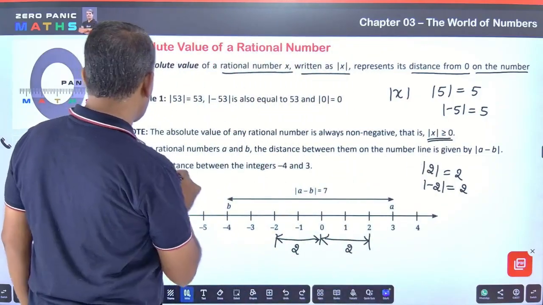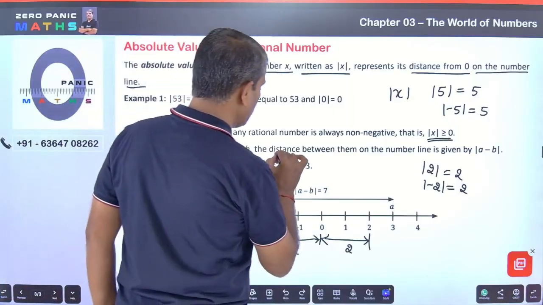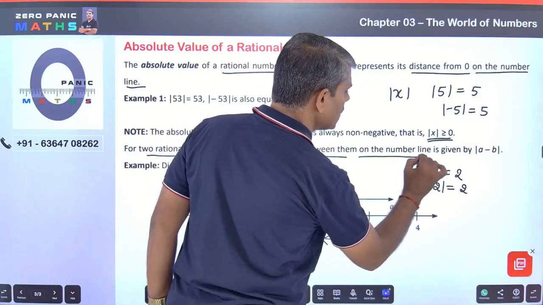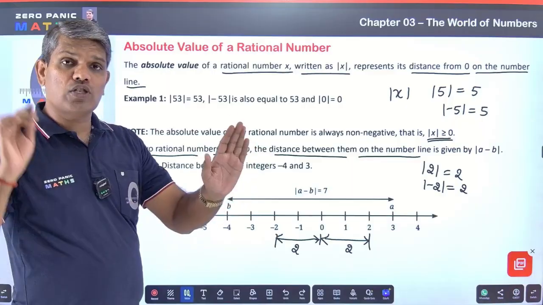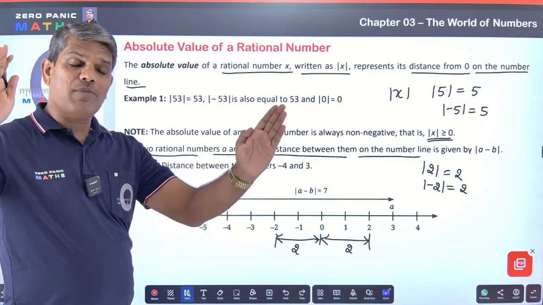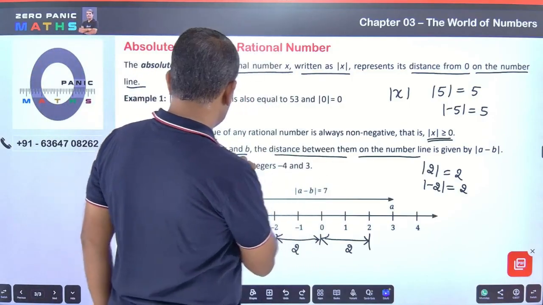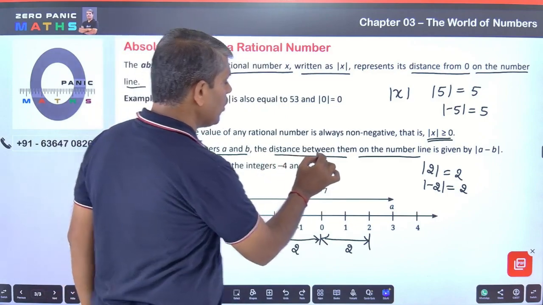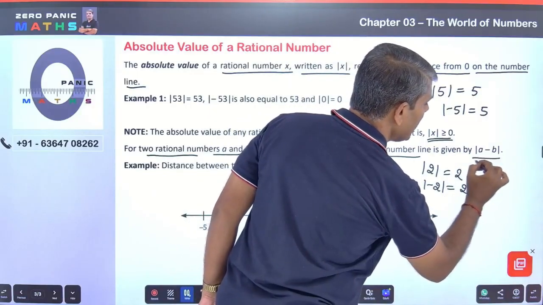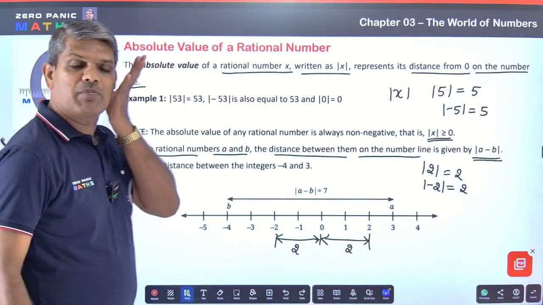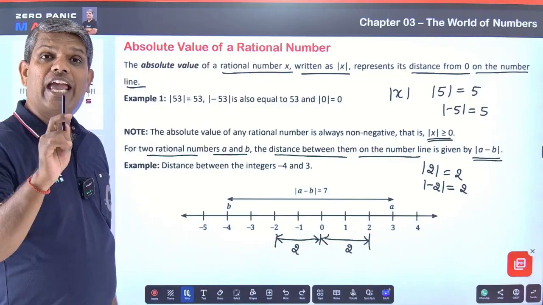But if there are two rational numbers a and b, and you want to find the distance between them on the number line, they can be both positive, both negative, or one positive and one negative. The distance between them is always given by the absolute of a minus b.